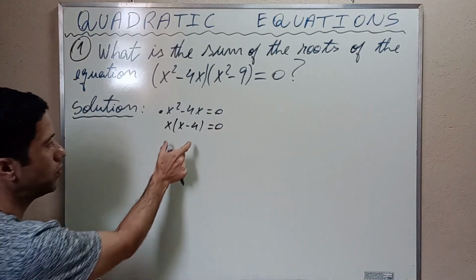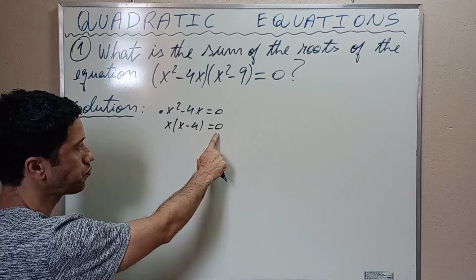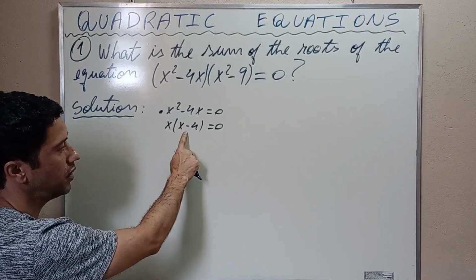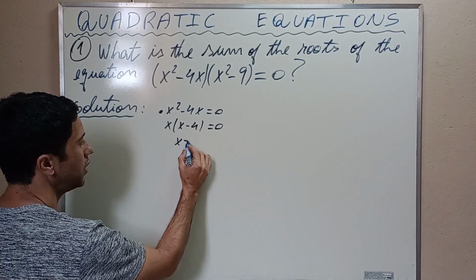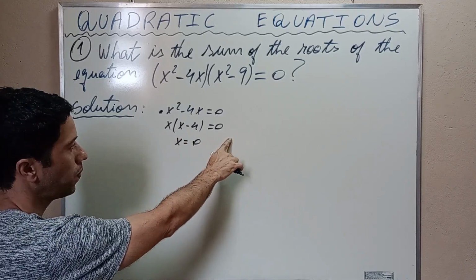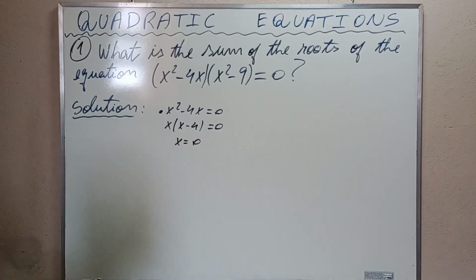Observe that we have something here, and this something is equal to 0. We want values of x here and here that make it true, that make it equal to 0. Observe that x equal to 0 makes this statement true, because if I multiply it all by 0, it is 0.